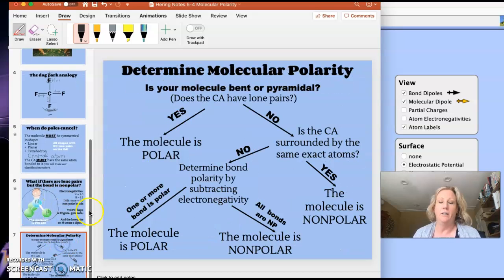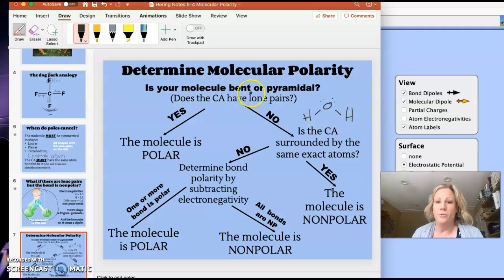So this is a chart that I think can really help you to hopefully understand this. So let's say I have water, and water is bent. The central atom would be the oxygen, with 2 lone pairs and 2 bonding pairs. So this is a bent shape.